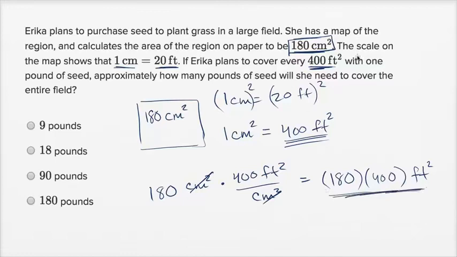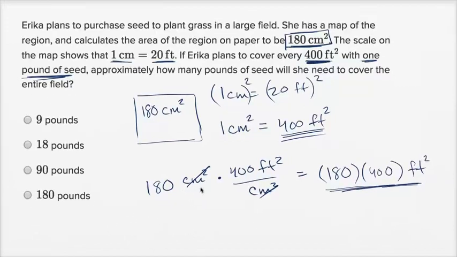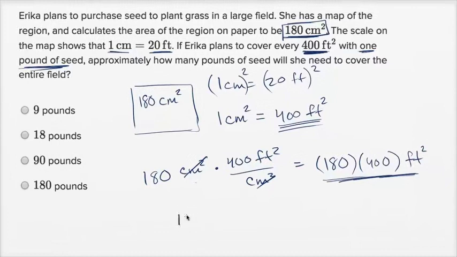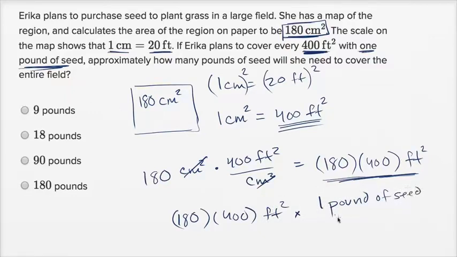And then they tell us we're going to use 1 pound of seed for every 400 square feet. So let's see, the area of the entire field, let me give myself a little bit more space, and I'm not going to even multiply it out because this 400 is showing up, so this seems useful. So the area is 180 times 400 feet squared. I just wrote that. And we're going to use 1 pound of seed for every 400 square feet.